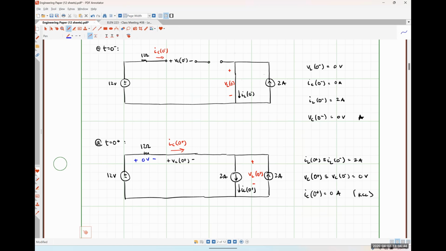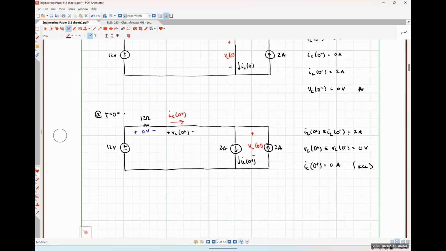Because negative 12 plus 0 plus 0 plus VL says 12 is equal to VL. And I'm just going to make a note here that we used KVL to get that result.